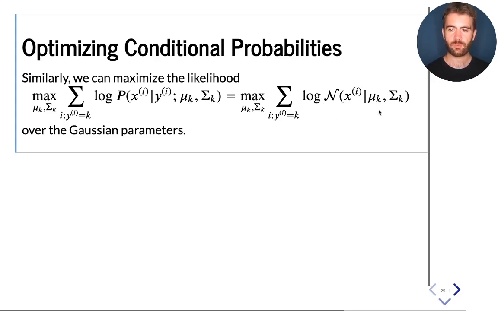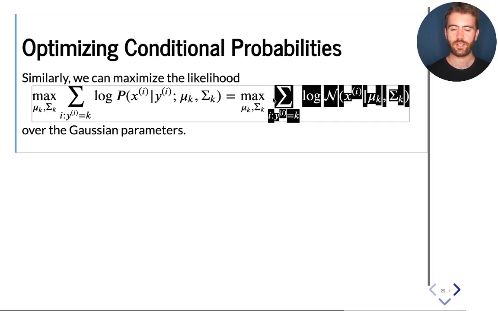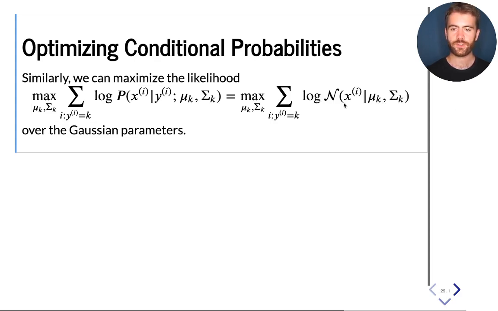So we want to maximize the probability of seeing the data that has class k. Here, this is the log likelihood of the data for class k under a Gaussian distribution.